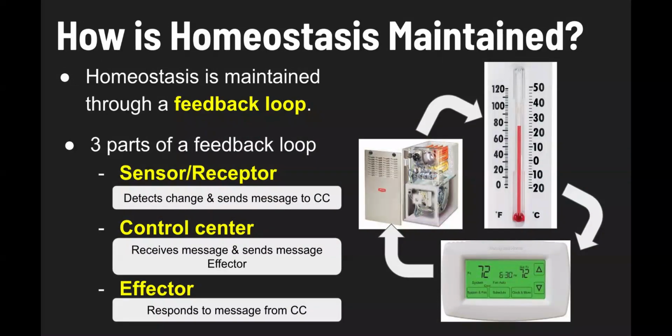So your thermostat sends a signal to your heating or cooling system, and if it's too cold in your home, that thermostat tells the heater to kick on and warm the place up. If it's too hot in your home, then that thermostat sends a message to the AC telling it to kick on and cool the place down. So this is just an illustration of a type of feedback loop that has each of these three components: a sensor, a control center, and an effector.